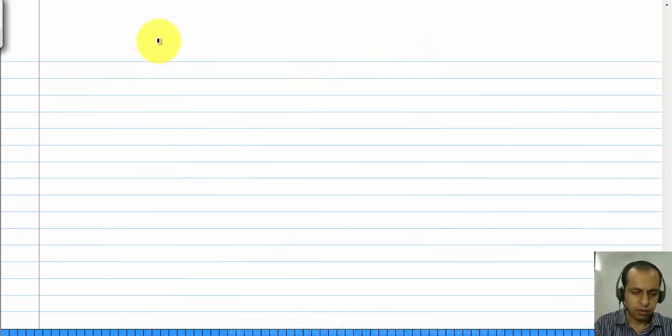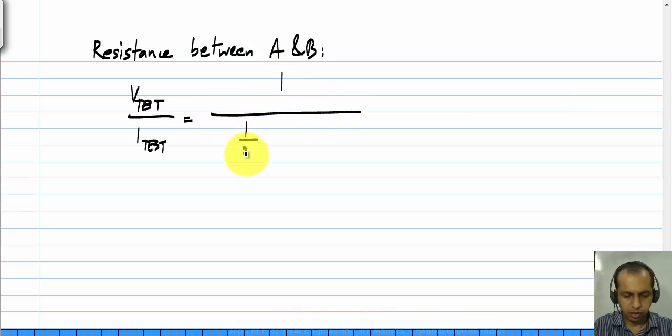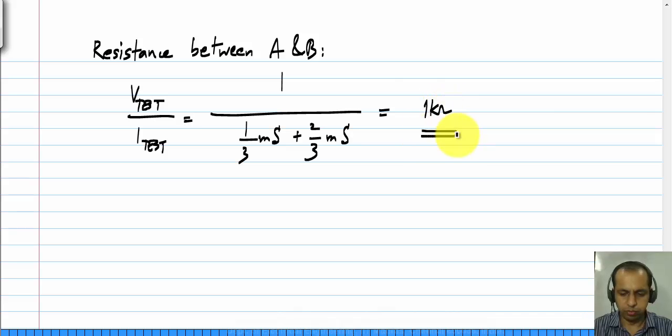Okay, so the effective resistance between A and B is V test by I test, which is 1 by 3 millisiemens plus 2 by 3 millisiemens, which is basically 1 kilo ohm. Okay.